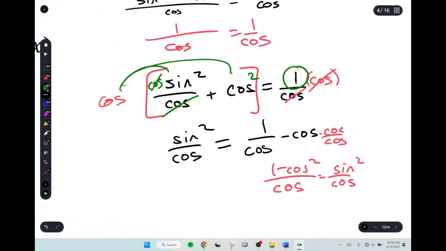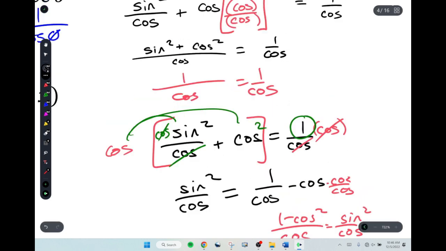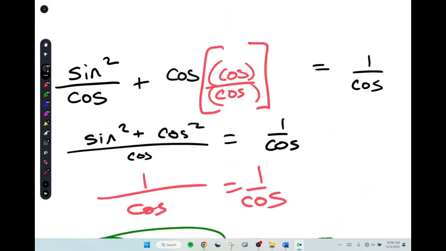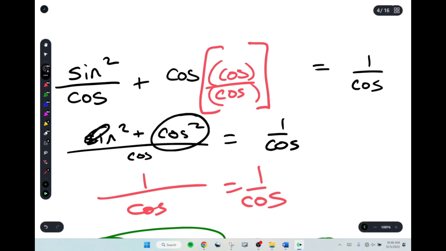Wait, so when we had that, did we multiply by cosine over cosine? We did. But wouldn't that make a cosine squared? Yeah, it did right here. Not on the bottom, though.